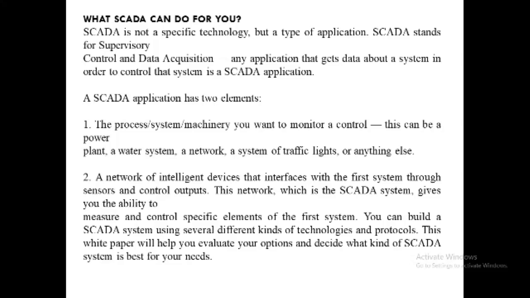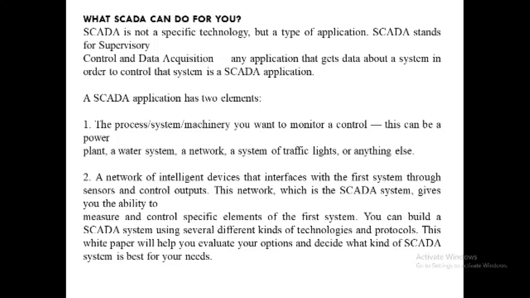SCADA is not a specific technology, but a type of application. SCADA stands for Supervisory Control and Data Acquisition System. Any application that gets data about a system in order to control the system is a SCADA application.